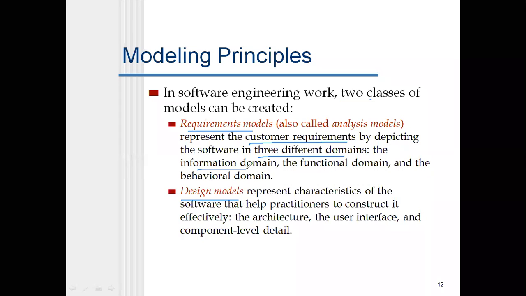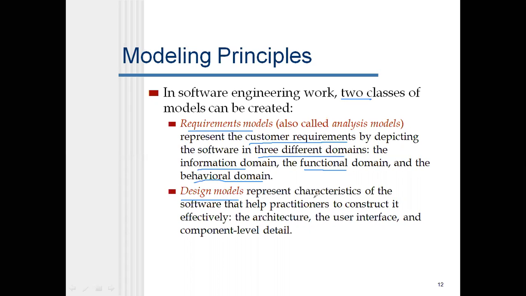First one is information domain, functional domain, and a behavioral domain. So there are three domains in the requirements model. Based on these three domains, we are going to fulfill the customer requirement.